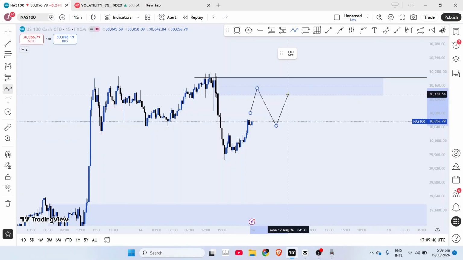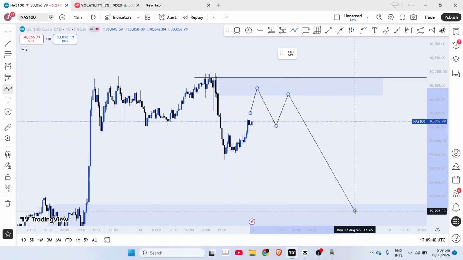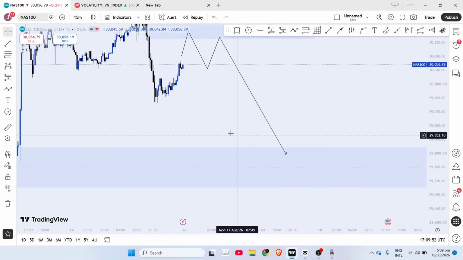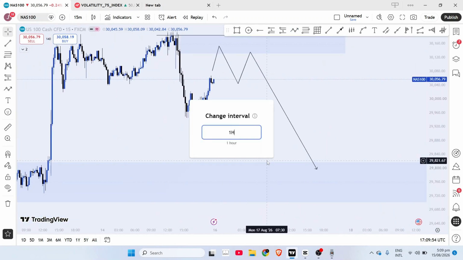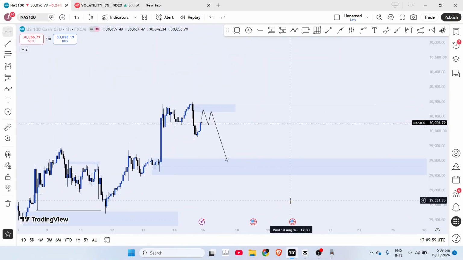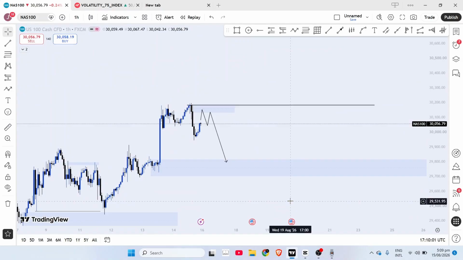Then maybe I can find a retracement to this point of interest also. So that's it for NAS100. We didn't really have anything much on NAS100 during the last week. I think this is our last pair, and this would be the end of our weekly analysis.